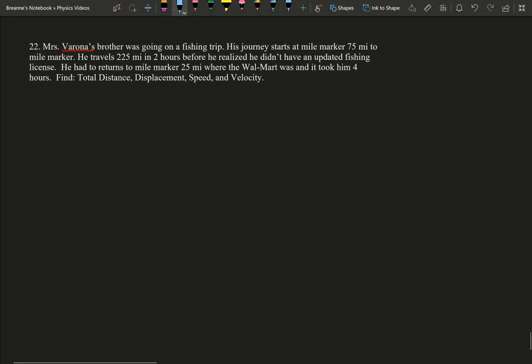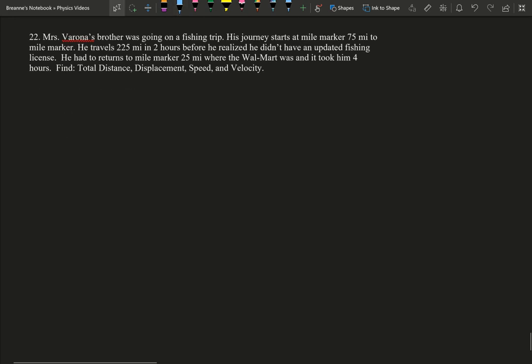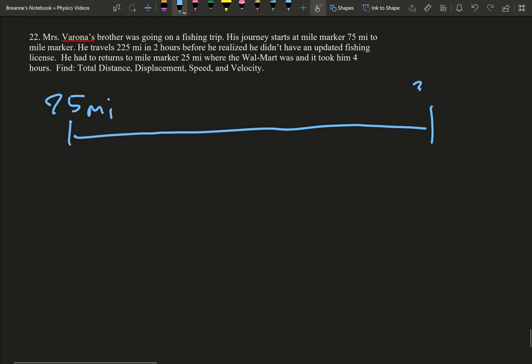So on this one, you really do need to draw it out to see what's going on. Her brother's starting at 75 miles. He's driving 225 miles, so 225 plus 75. He ends up at mile marker 300.